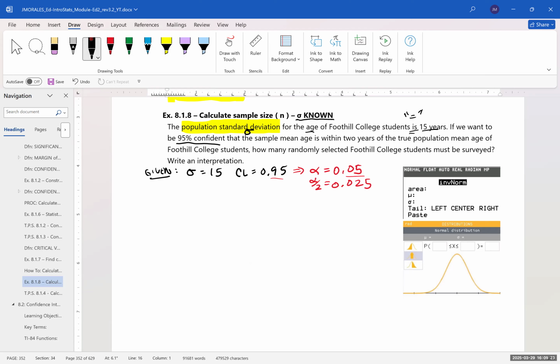Okay, so if we want to be 95% confident that the sample mean age is within 2 years of the true population mean age, this within 2 years, that is your margin of error.